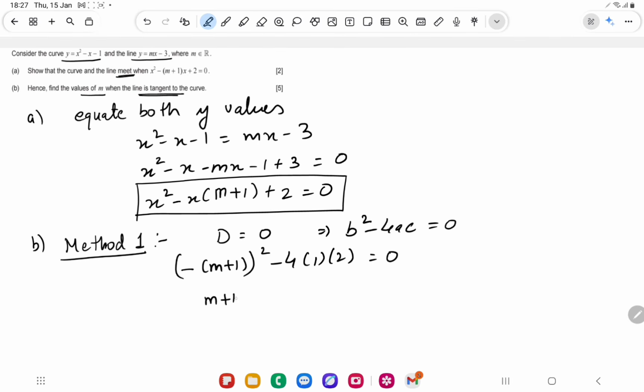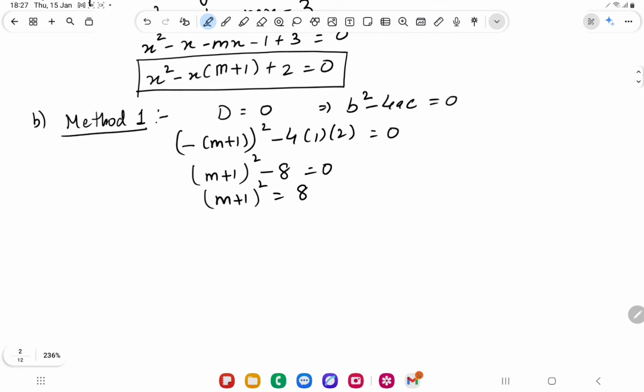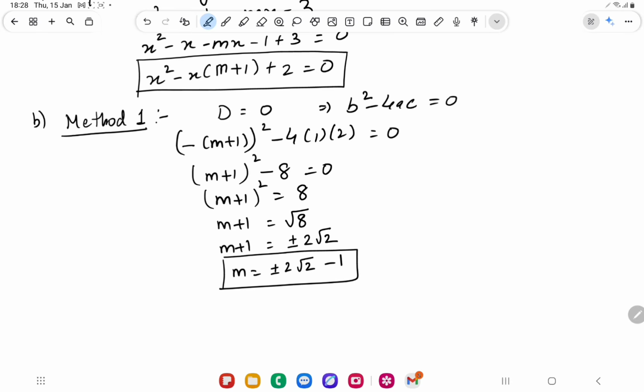So I can write it as (m plus 1) whole square minus 8 is equals to 0, which gives me (m plus 1) square equals to 8. So I can further write m plus 1 as root 8. So m plus 1 is plus minus 2 root 2. So final m value is plus minus 2 root 2 minus 1. So this is my m value.